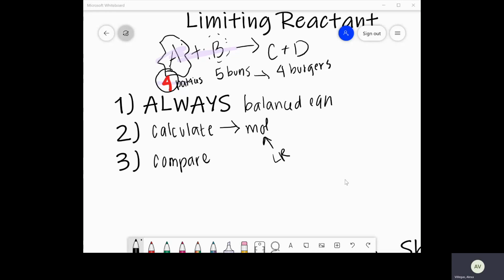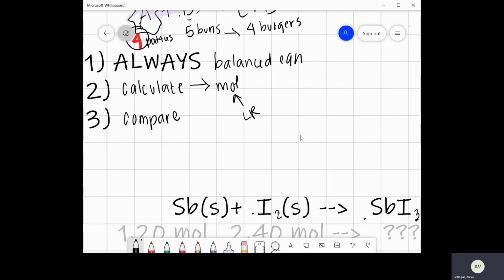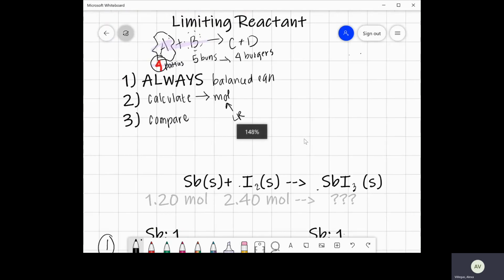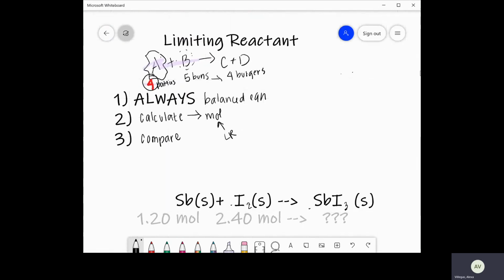So if I asked you to find the limiting reactant between antimony and iodide when you have 1.2 moles of antimony and 2.4 moles of iodide.